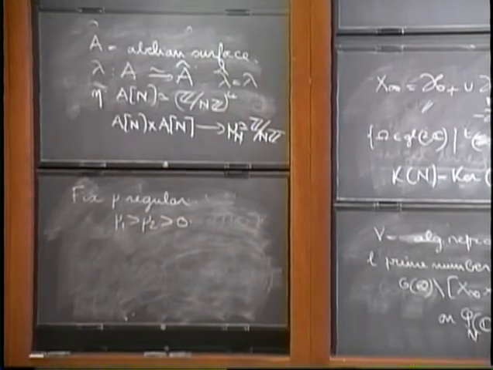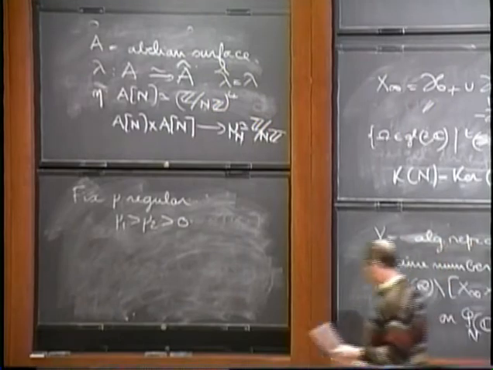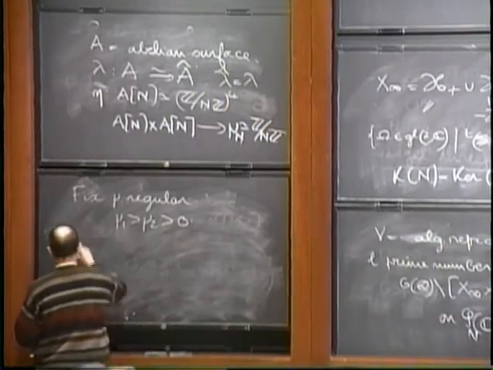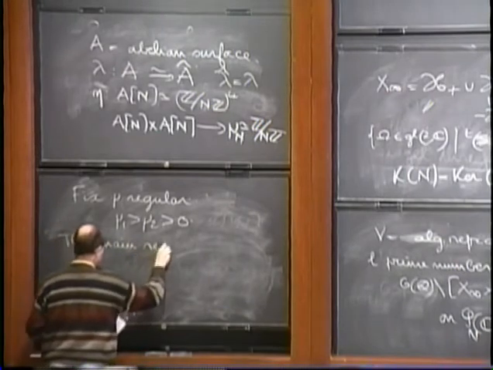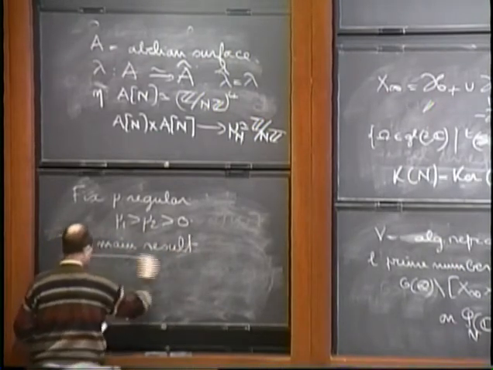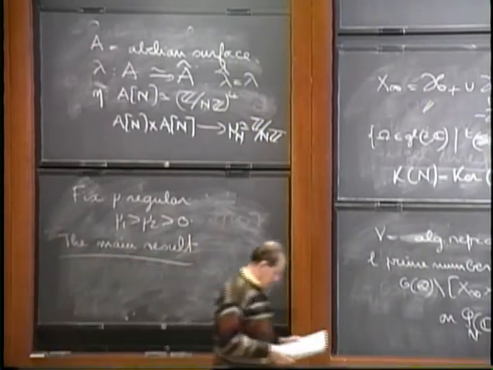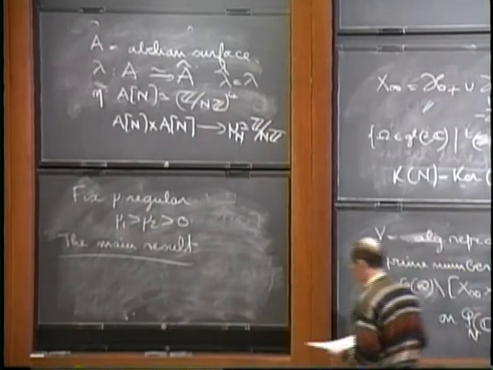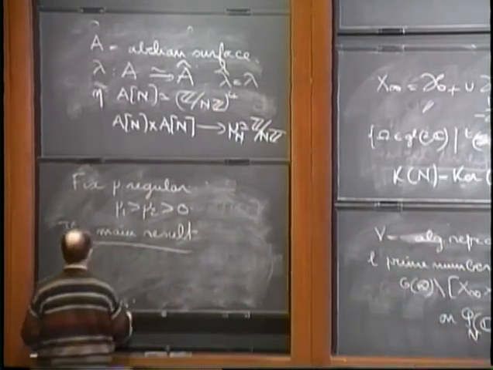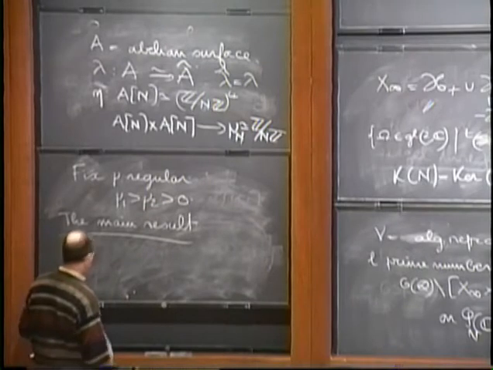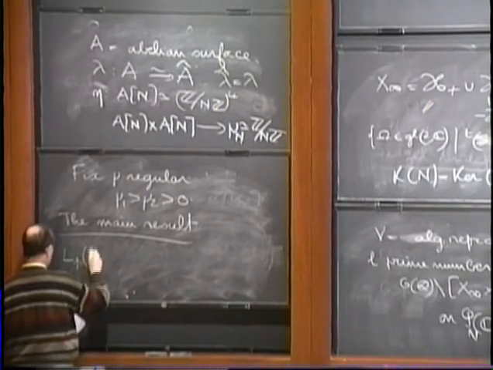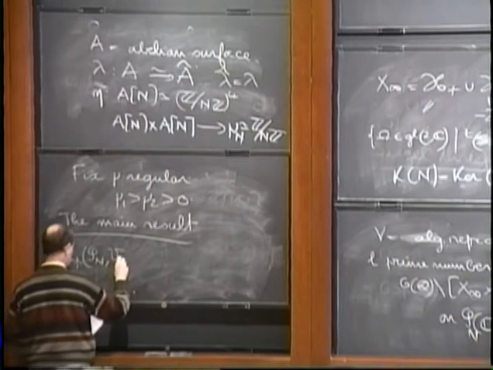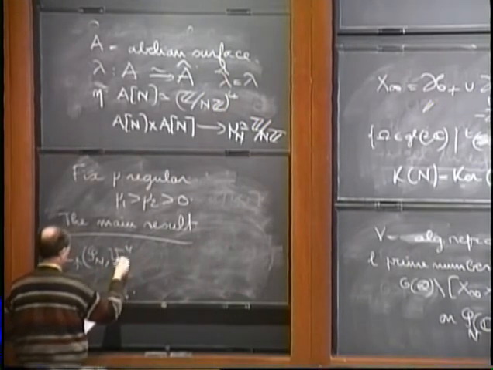So the main result, first of all, a way to formulate this result. So the local L factor I was considering before. So there is a mu here.